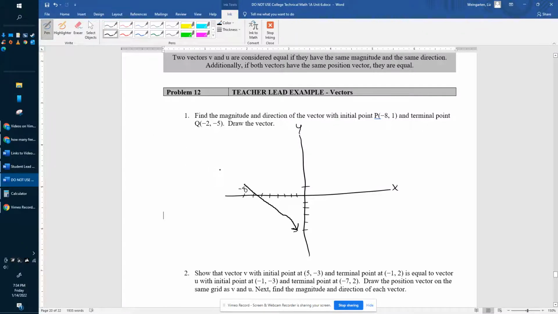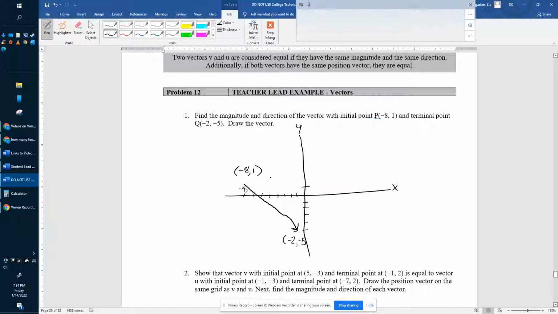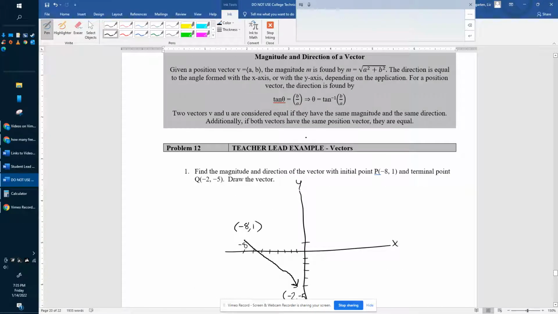So this is point (-8, 1). This is point (-2, -5). So we have to figure out what this angle is. We have to figure out what the magnitude is. So what is the magnitude? We have to figure out what this would be if we were putting this into standard position.